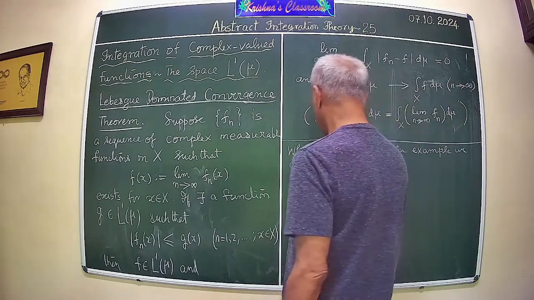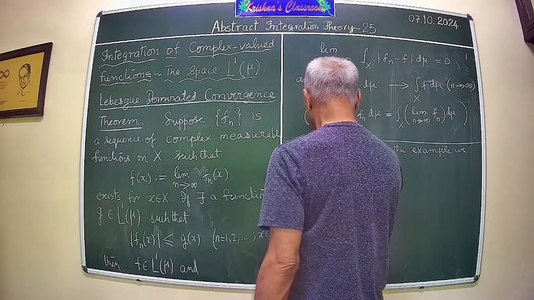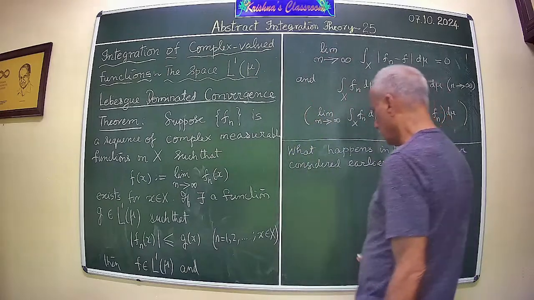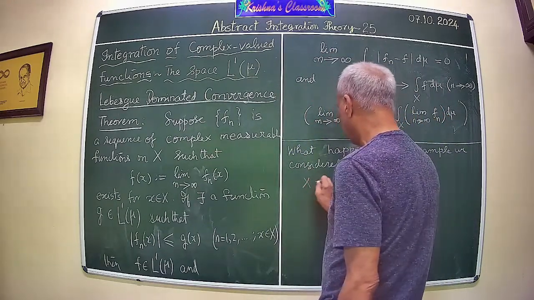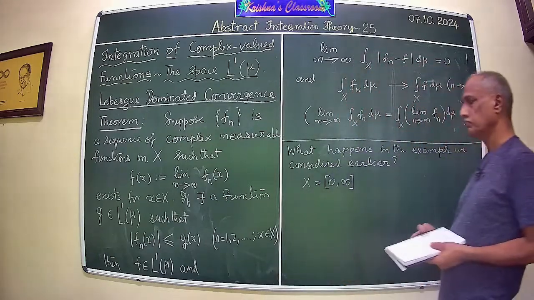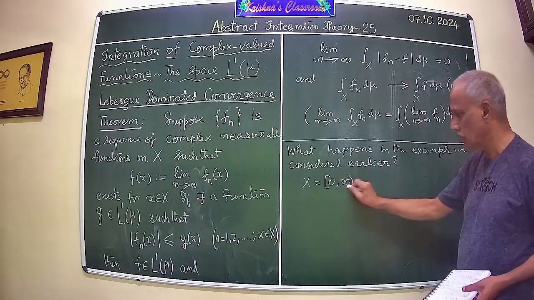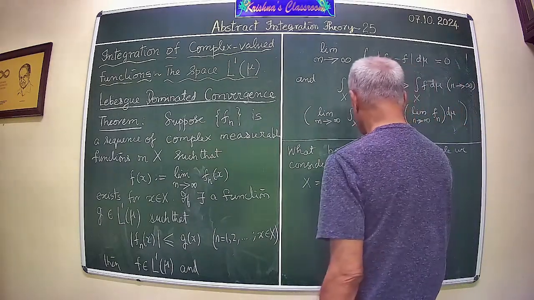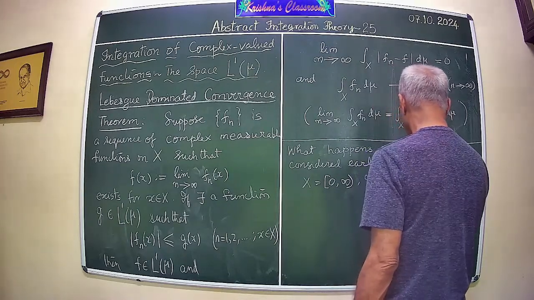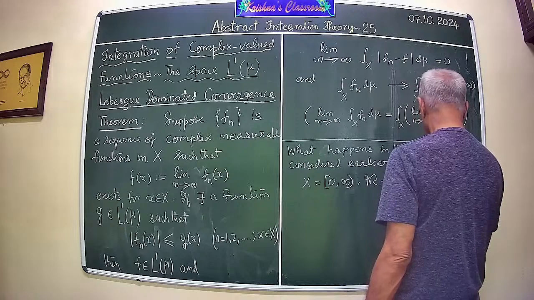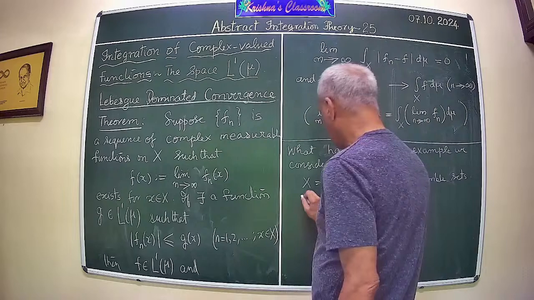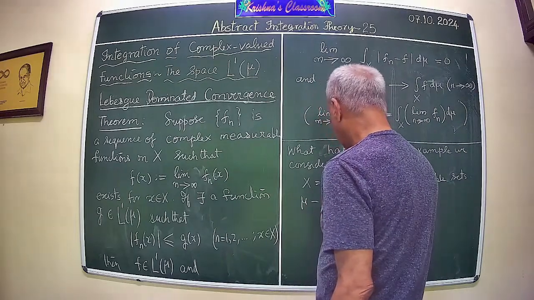in the example considered earlier. We have defined X to be zero to infinity, with the measurable sets, and mu as Lebesgue measure.